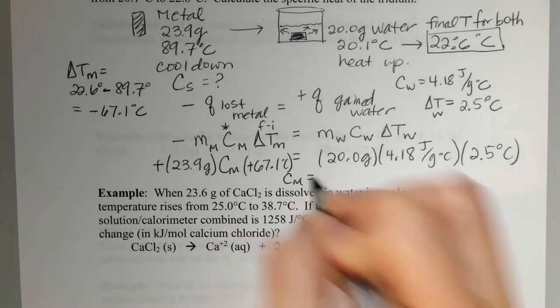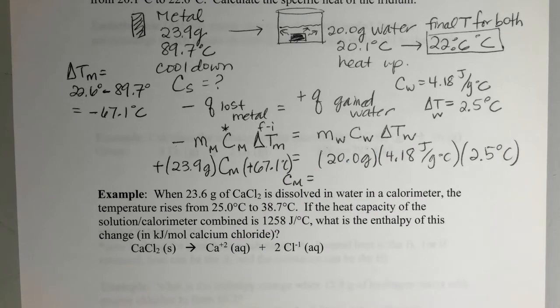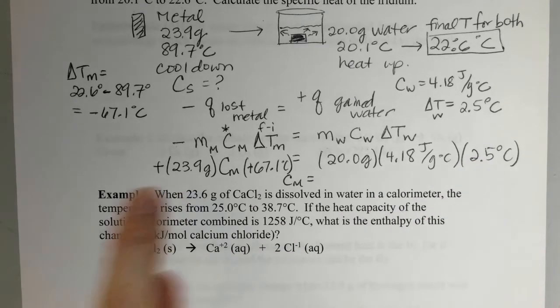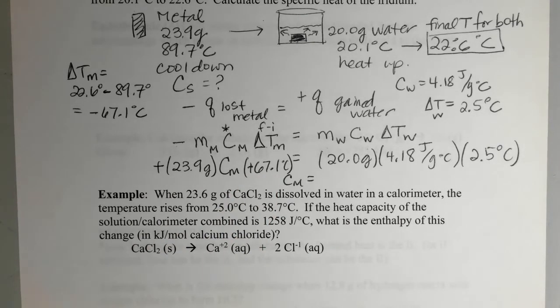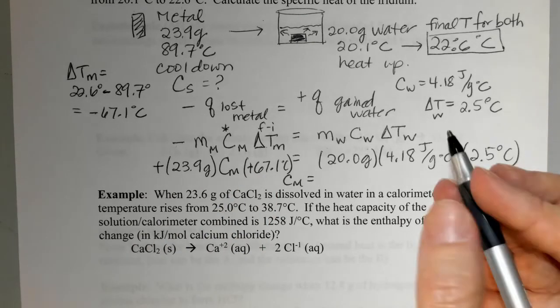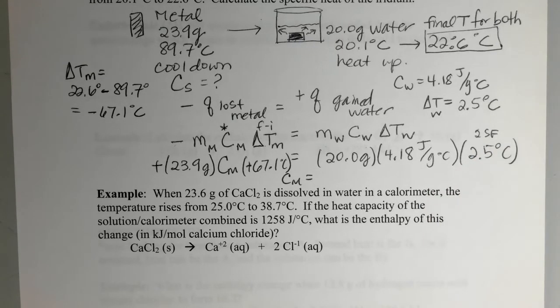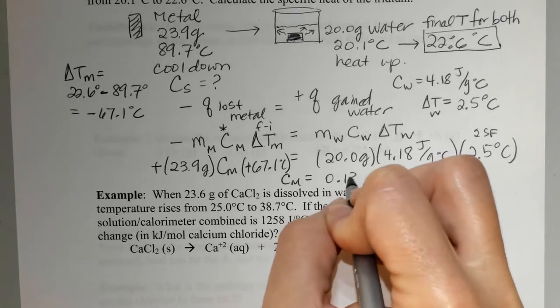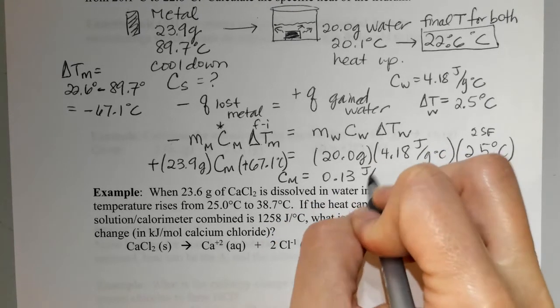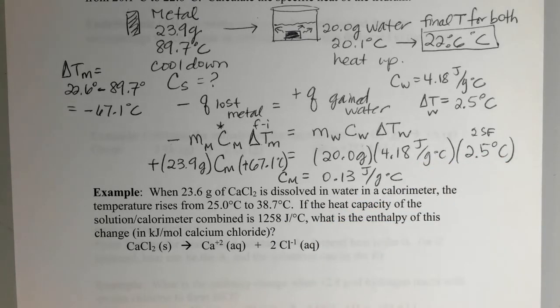So the specific heat of the metal, I'm going to take 20.0, multiply it by 4.18, multiply it by 2.5, and then divide both sides by 23.9, and divide both sides by 67.1. And keeping only two significant figures because of that 2.5 degrees Celsius temperature change for the water, I get a heat capacity for the metal of 0.13 joule per gram degrees Celsius.